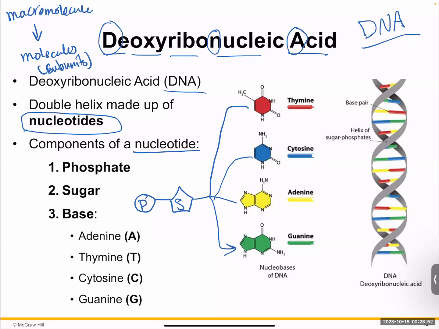So we have the base thymine, represented with the letter T, cytosine with the letter C, adenine with the letter A, and guanine represented with the letter G. So 3 parts: a phosphate, a sugar, and what we call a base. So these are the options that we have, which give us our DNA. Now, I will break down the word DNA a little bit more in detail as we go through the PowerPoints.